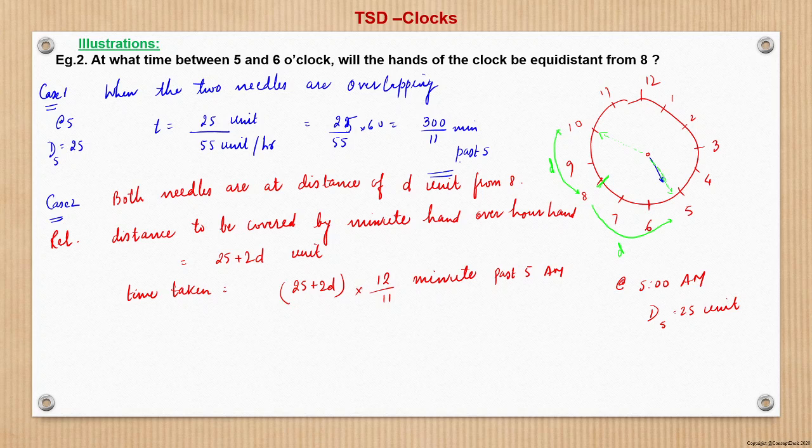So from here now see, in the same time, at 5 o'clock, what was the position? Now what is the actual distance covered by the minute hand? Distance covered by the minute hand is nothing but what? 25 plus 2d, right?